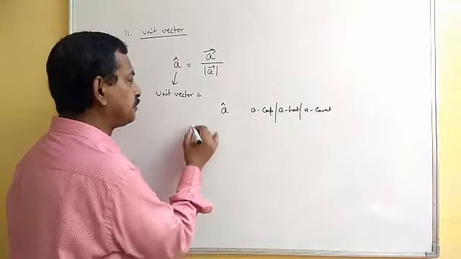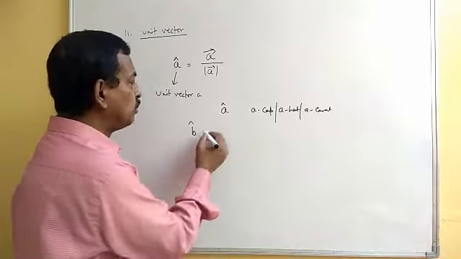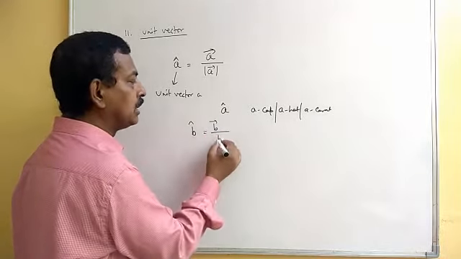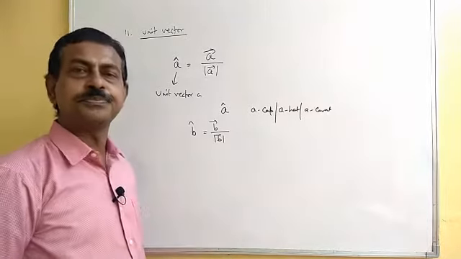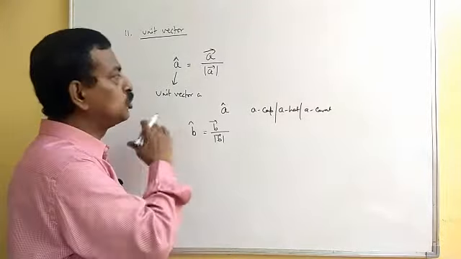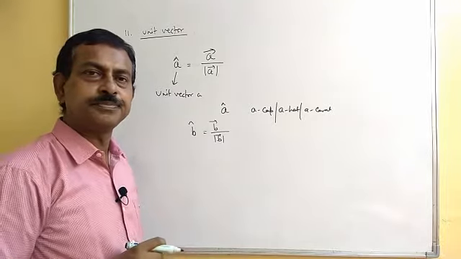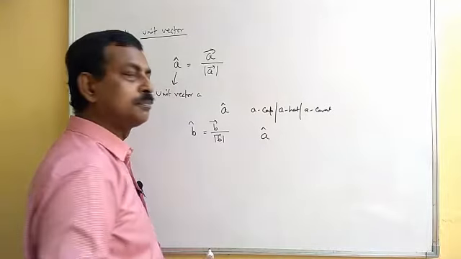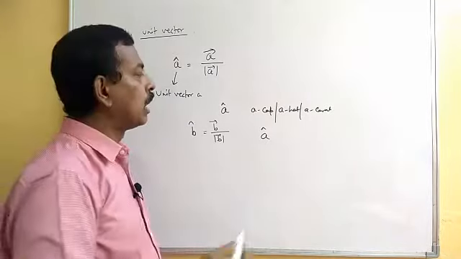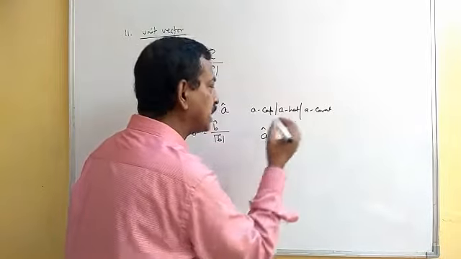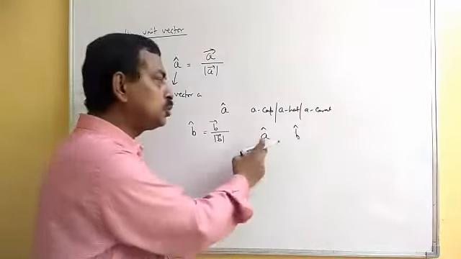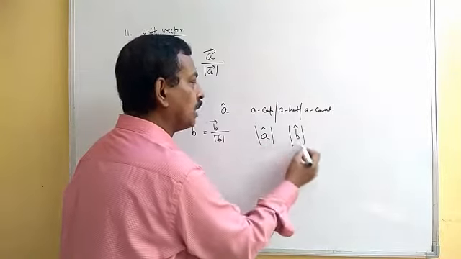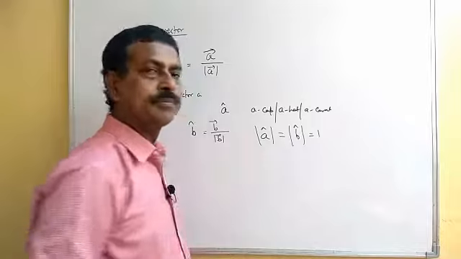Similarly, suppose you have vector B. The unit vector B will be represented as B cap, and this is basically vector B divided by its magnitude. This way you can get the unit vectors. Do remember one thing: vector A cap or B cap, these two are unit vectors. Their magnitudes are equal and equal to 1.